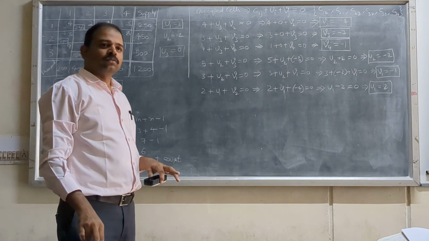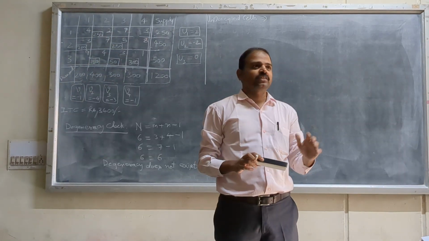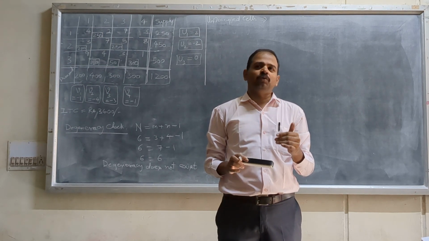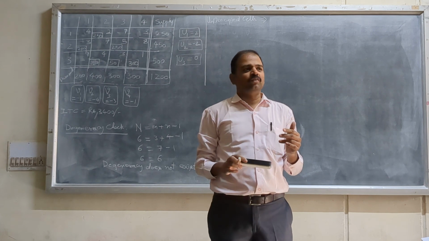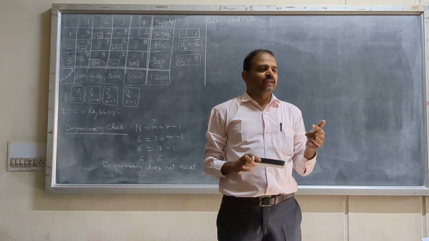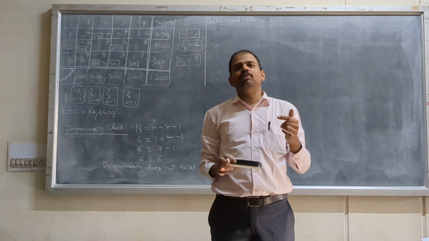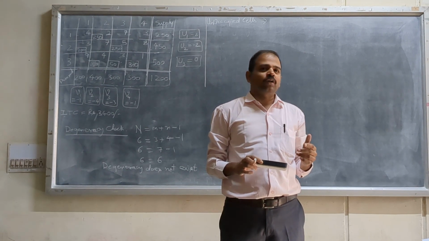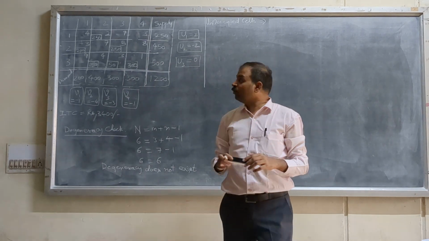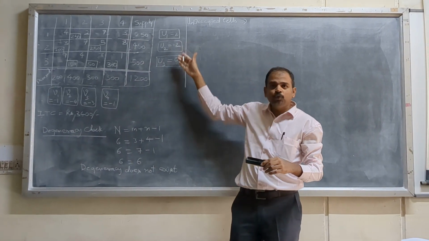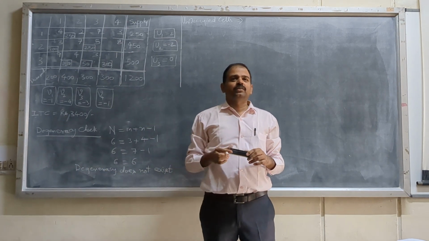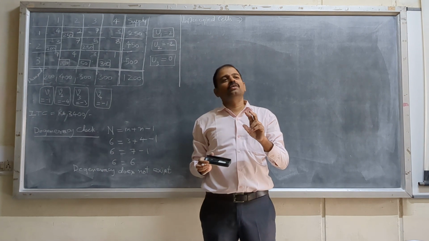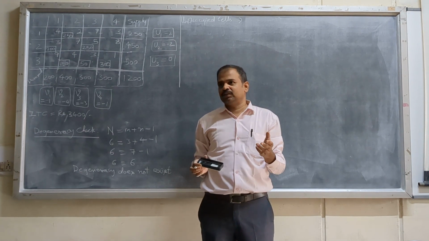So to finish the problem, the last part of the problem is, as I told you earlier, there are two kinds of cells we will have to tackle. The first one was occupied cells. With the formula for occupied cells we found out the values of the u's and the v's. Now, using these values of u's and v's, we try to find out the value of the opportunity cost.